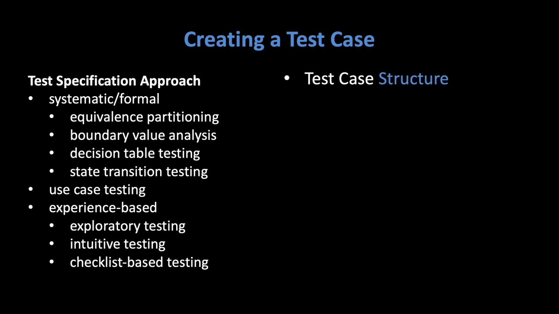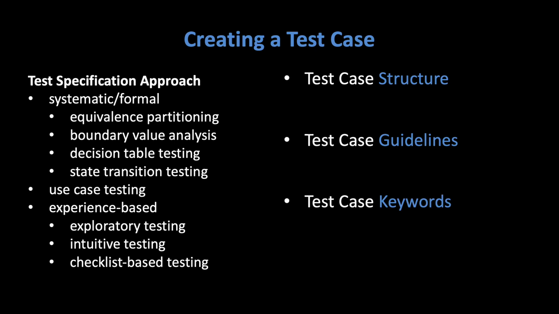Then there are other topics to consider when it comes to creating test cases. You should follow a very systematic structure with preconditions, actions, and expected results. Then there are usually test case guidelines in place which are specific for a project or an organization.